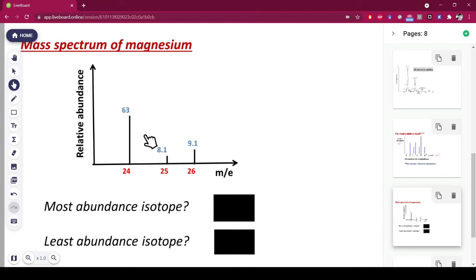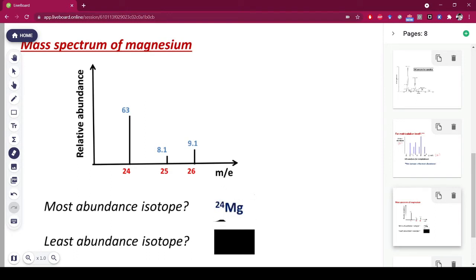And you have the abundance on top, okay? So magnesium 24 is 63, the relative abundance. Magnesium 25 is 8.1. Magnesium 26 is slightly more than magnesium 25. So the most abundant isotope, yes, it is magnesium 24.